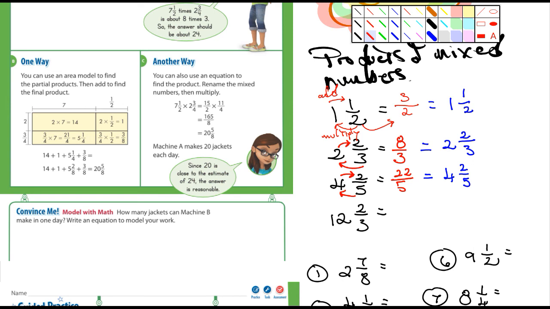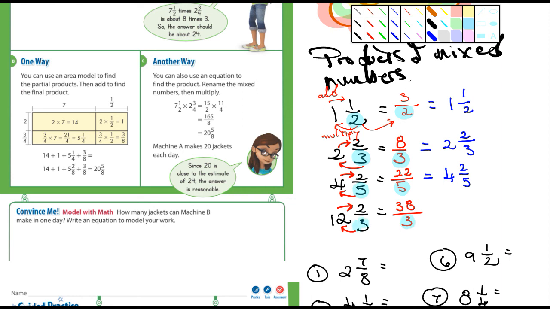All right. Assuming you paused the video and actually tried it, 3 times 12 is what? 36. Plus 2 is 38, so it's going to be 38 over what? 3. Because the denominator stays the same. Notice in each one of these, the denominator stays the same. Each one of them.